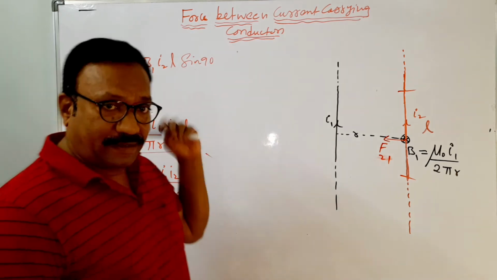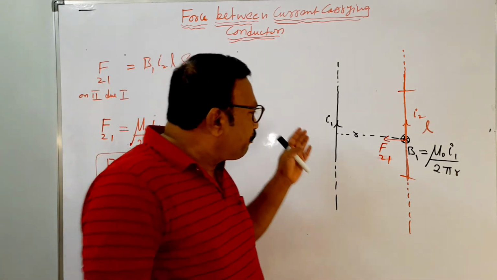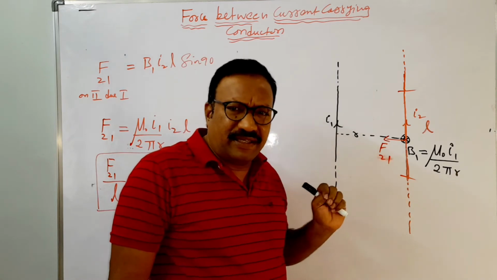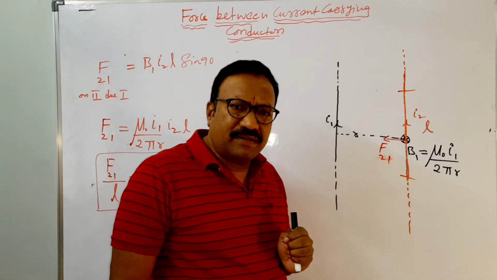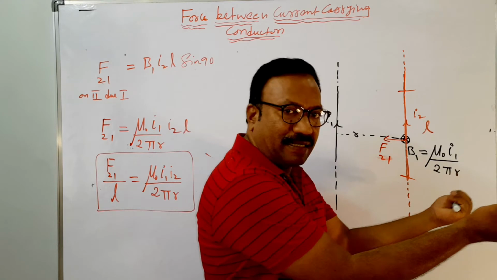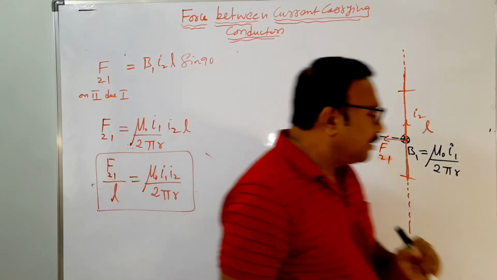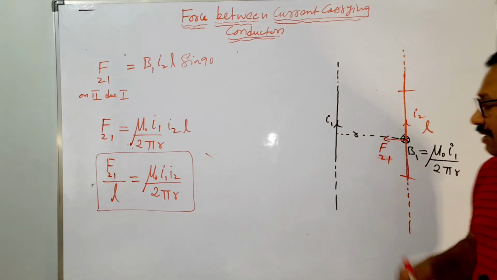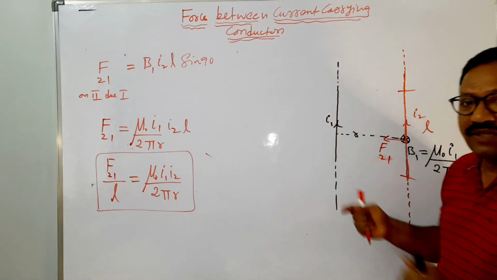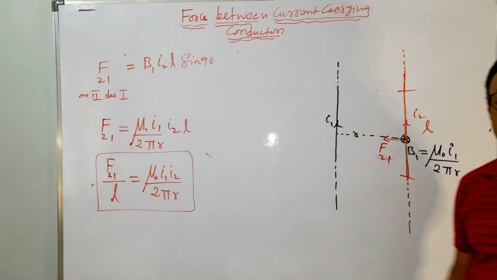Then what about this? See, these two are attracting each other, I said. You know, they are an action and reaction pair. If this conductor is attracting this conductor, that is taken as action. Then, in turn, this conductor will attract that one, that is taken as reaction.